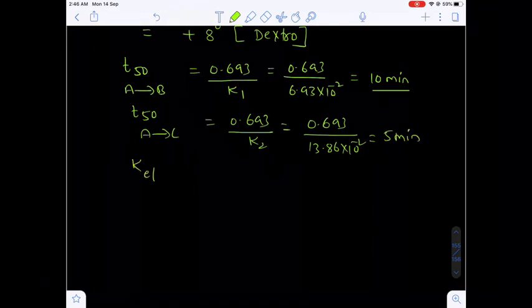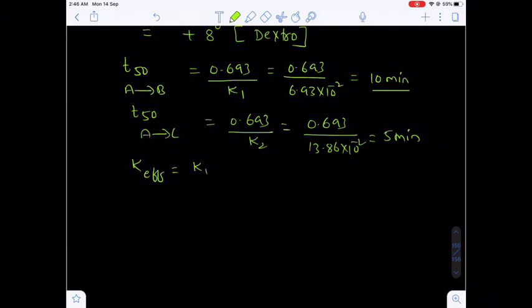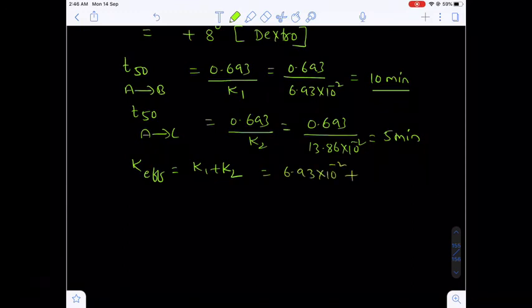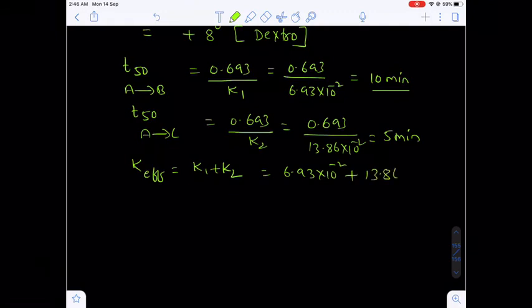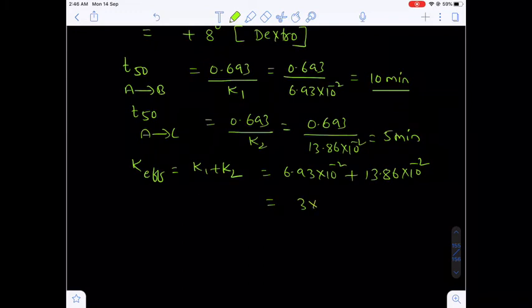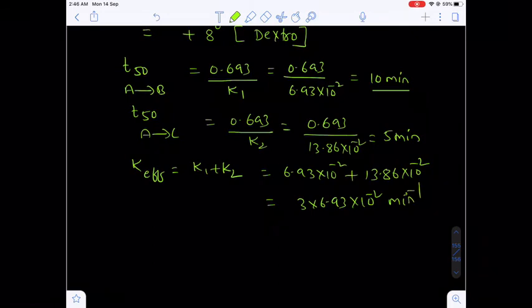Now what is the K effective? K effective is equal to K1 plus K2. K1 is 6.93 into 10 raised to minus 2 plus 13.86 into 10 raised to minus 2. So that will be 3 into 6.93 into 10 raised to minus 2 per minute.